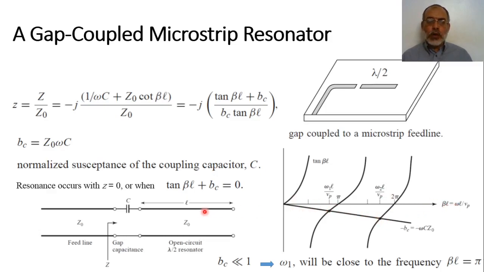And because we are looking for tan beta L equals minus BC, we are going to draw minus BC. Then the intersection between the curve of tan beta L and the line corresponding to minus BC will correspond to the resonant frequency in this case.